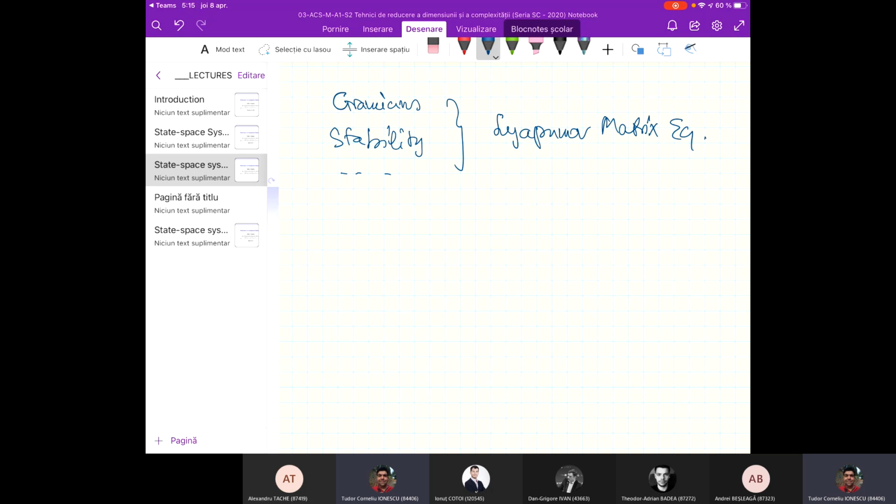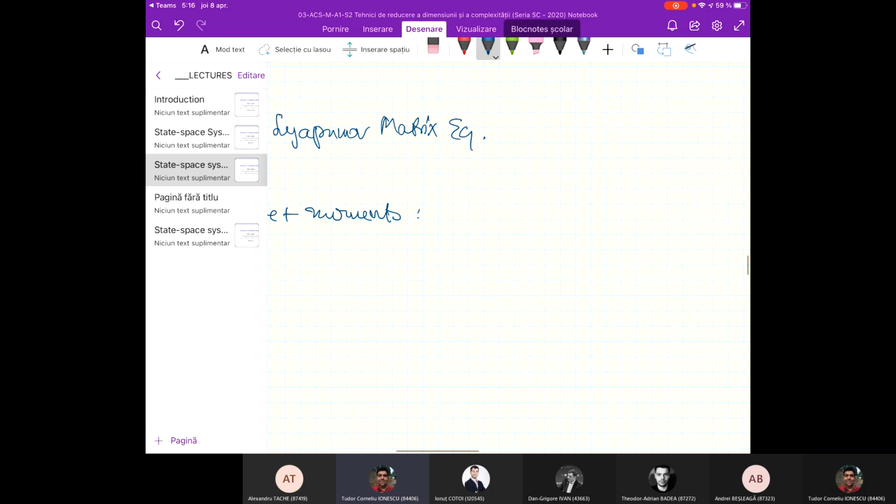Also, we remember from the steady state computation of a dynamical system, plus moments and other issues in control, that they depend on solving Sylvester matrix equations.